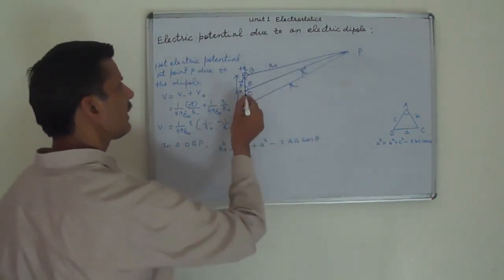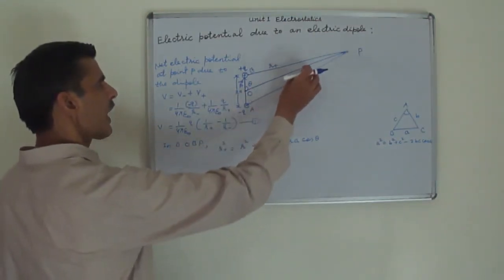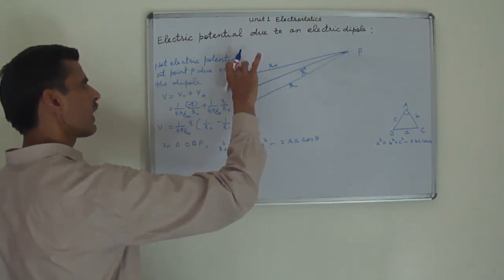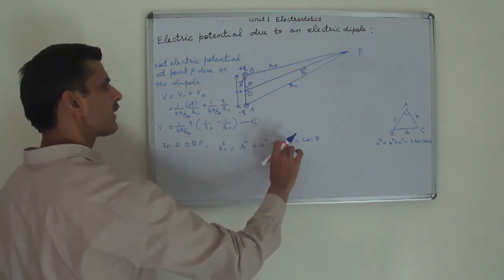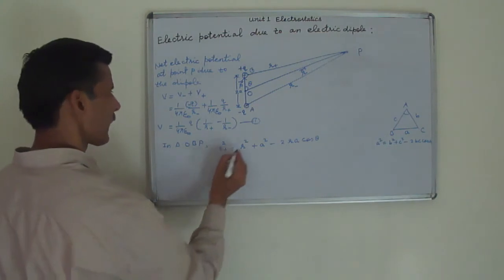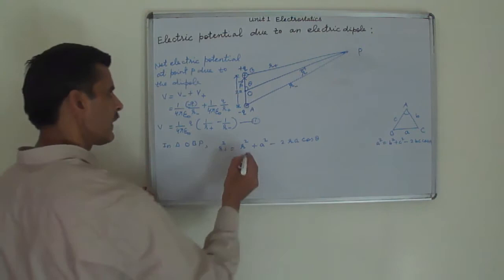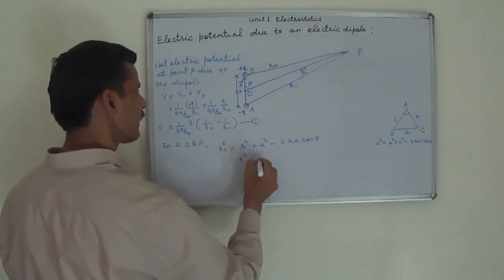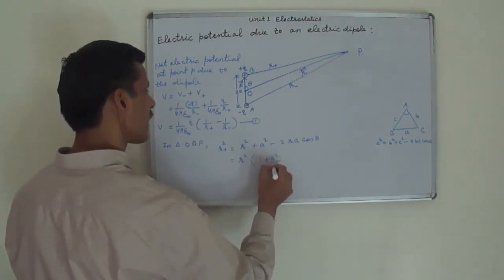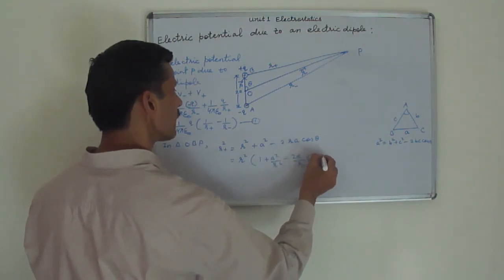So here in triangle OBP, r plus square is equal to r square plus OB square, that is a square, minus 2ra cos theta. So this is equal to, here we take r square common, 1 plus a square upon r square minus 2a upon r cos theta.